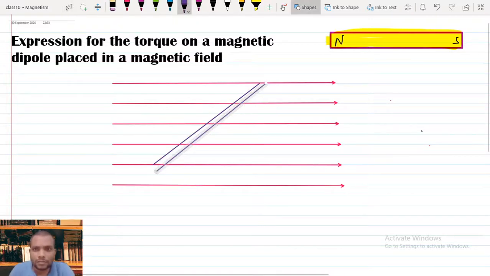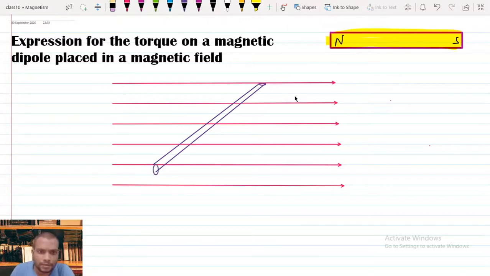Then we can do a comparative study. Suppose this is a bar magnet, and make sure that it has a uniform cross section. If I do not make the exact shape, please do adjust. So this is a bar magnet.